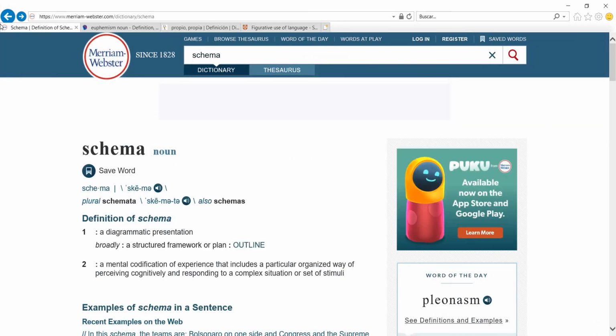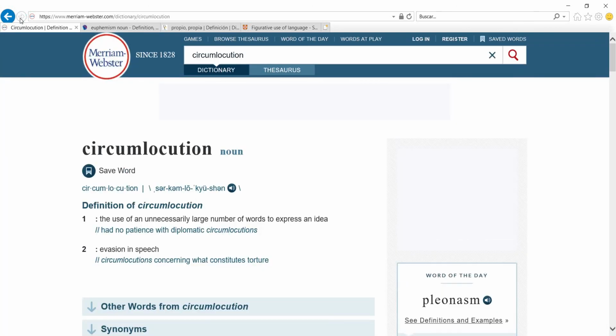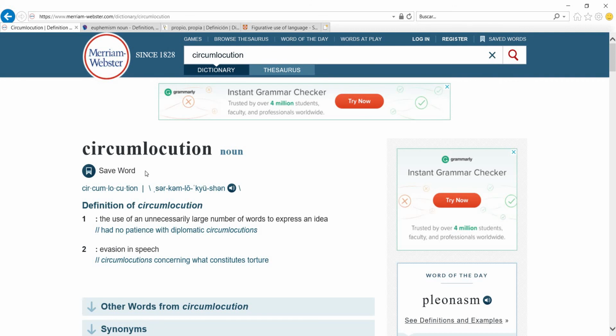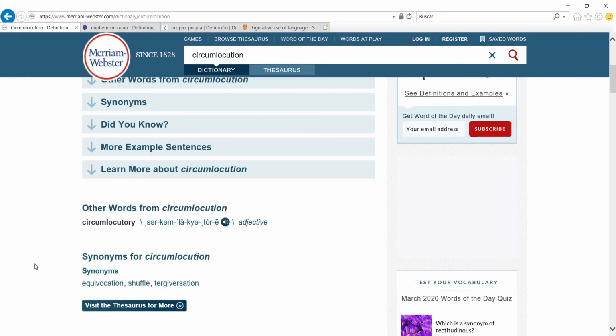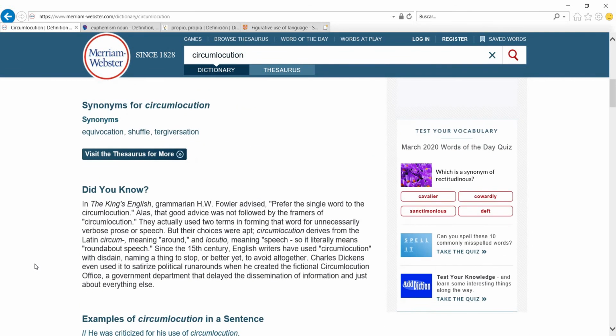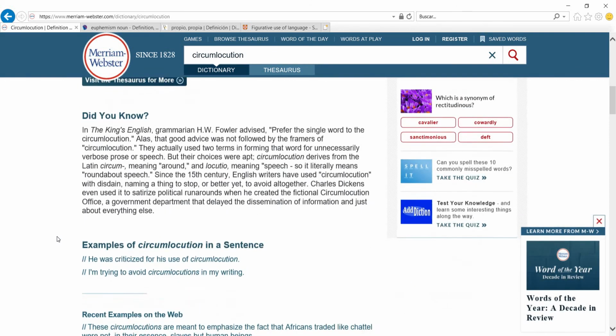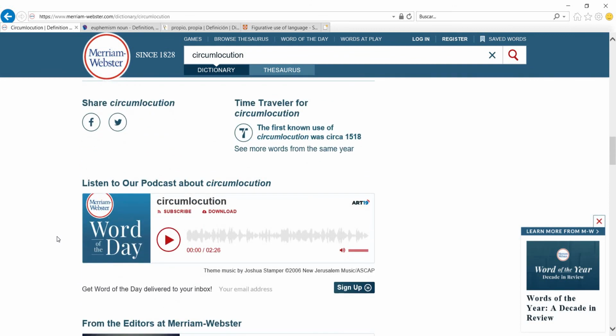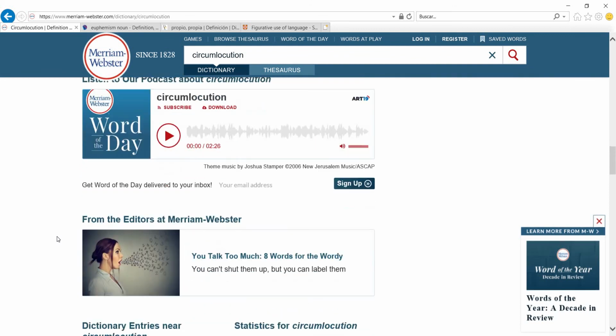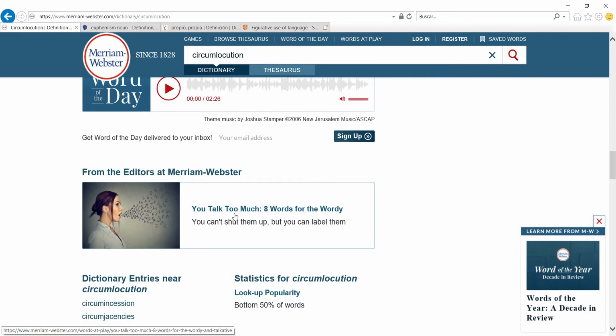And finally, I wanted to take you to circumlocution in Merriam-Webster, when we use an unnecessarily large number of words to express an idea or to evade, right? To not say what we want to say, actually, just maybe not to hurt or whatever. Here's an interesting explanation for the word circumlocution, but actually I wanted to show you something else, and that is that we have a podcast about circumlocution, and this entry that is very, very nice.